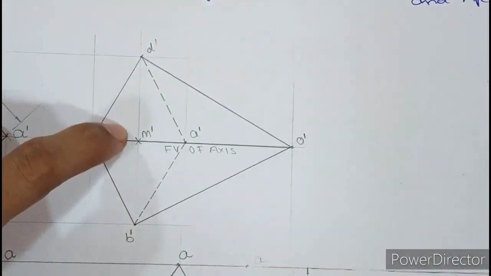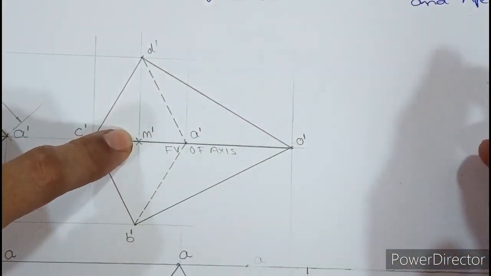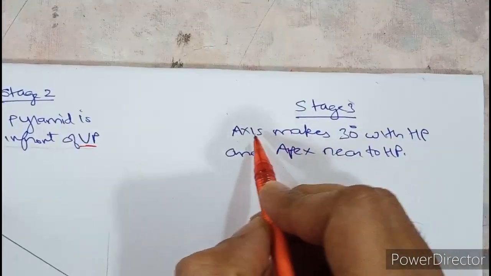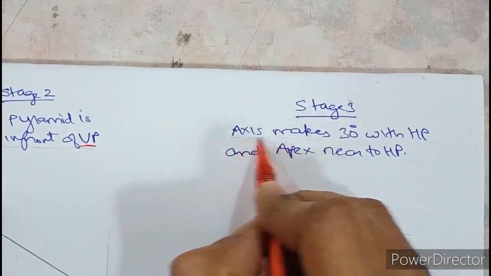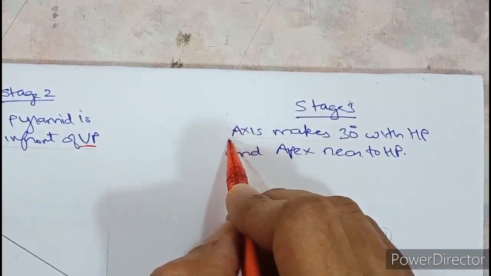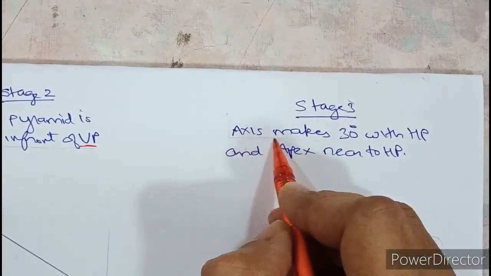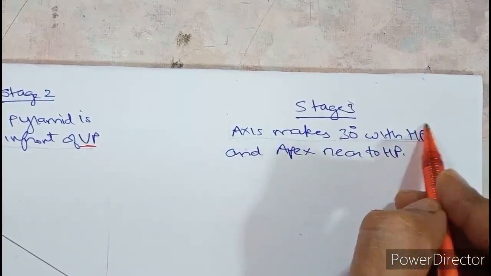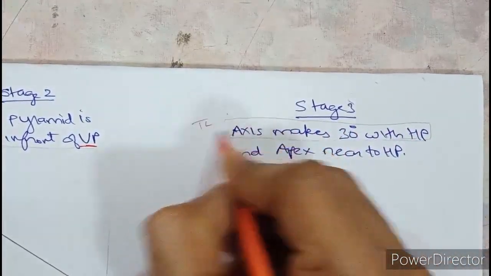Okay, so what is the big deal in this? So the question says they want the true length of the axis, because they have said only axis. They have not mentioned front view of the axis, they have said only axis. So they want axis at 30 with HP. It means it is clearly mentioned that they need true length of the axis at 30 degree.